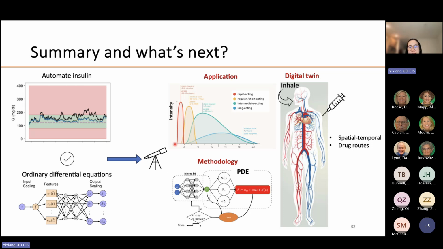And more specifically, if we are interested in understanding the spatial variation, which can be represented by the partial differential equations shown here, then using that we can maybe understand how the spatial-temporal dynamics and even different drug routes will affect patients with diabetes or any other disease.